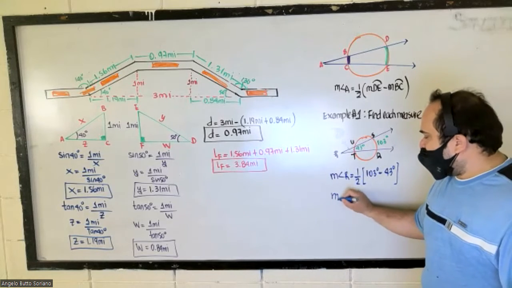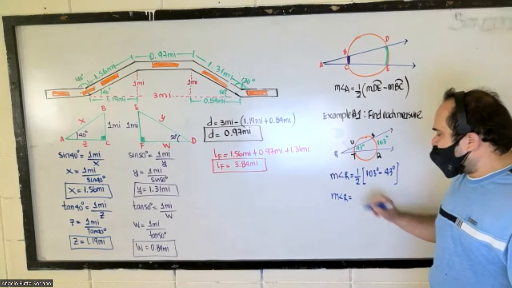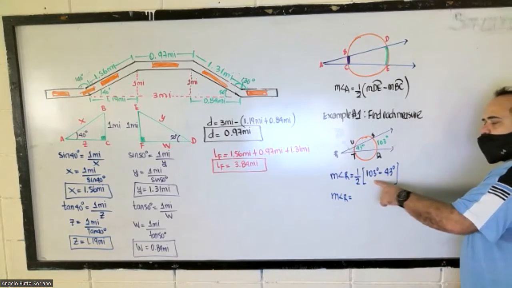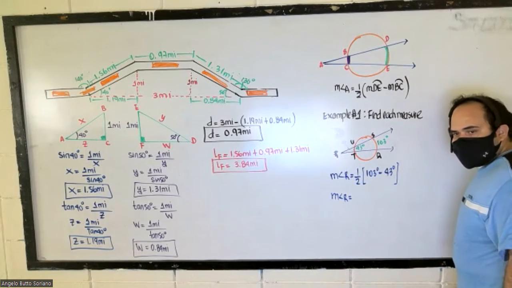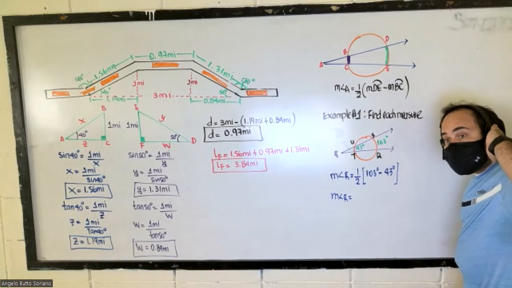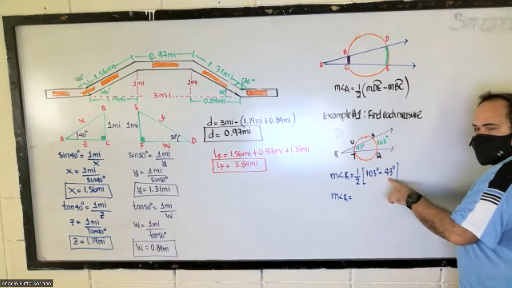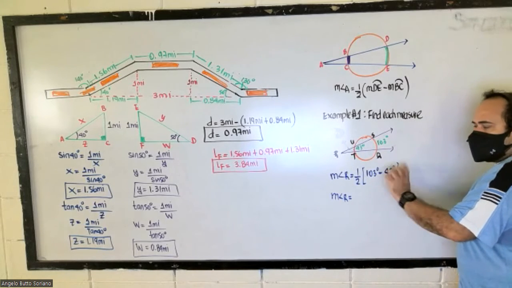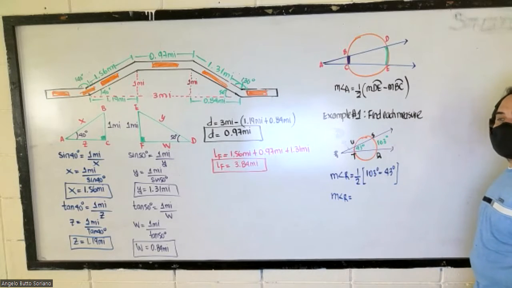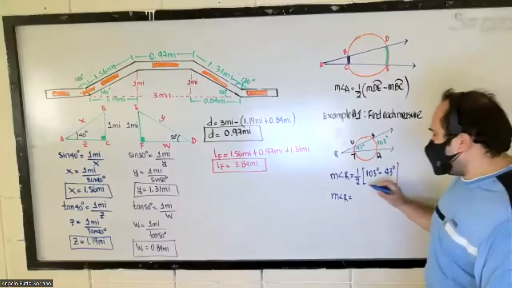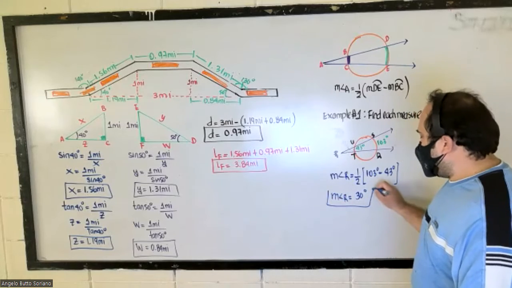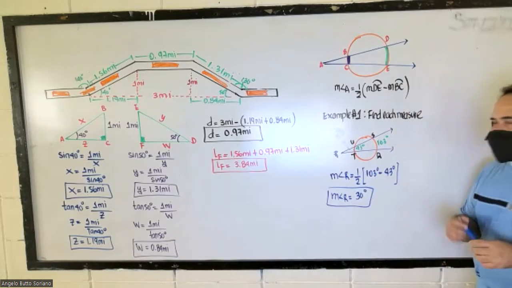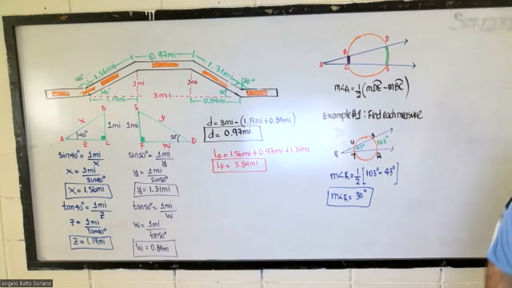So, would you like to perform this operation, please? 103 minus 43, and after that, multiply by 1/2. The result is 20. And that's it. This is going to be the process for this example.